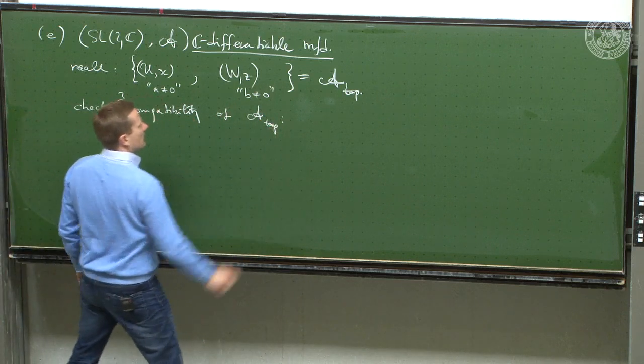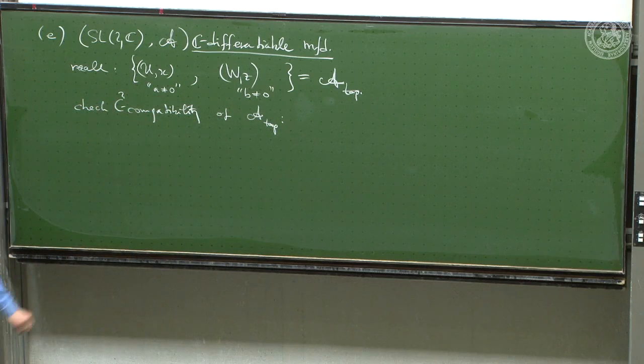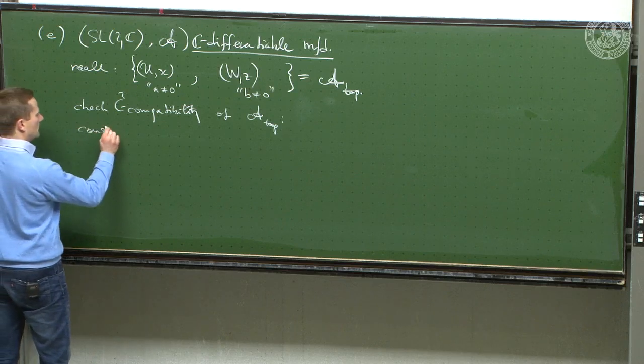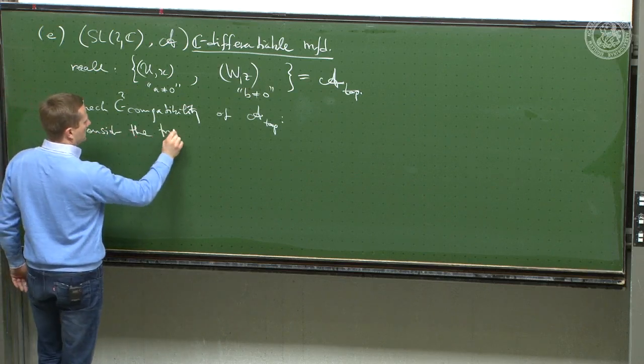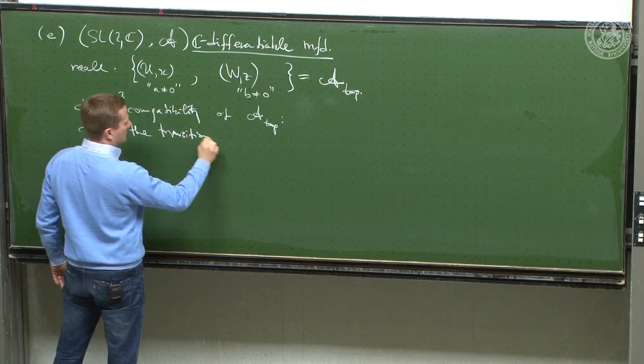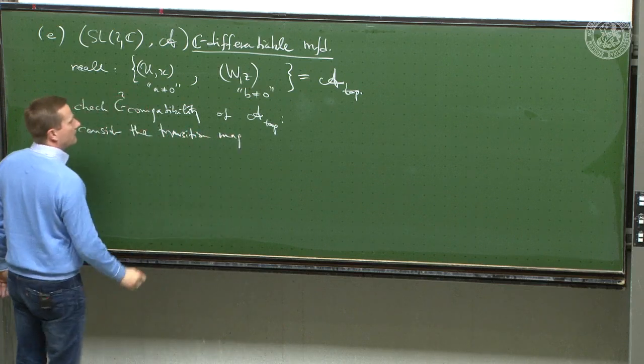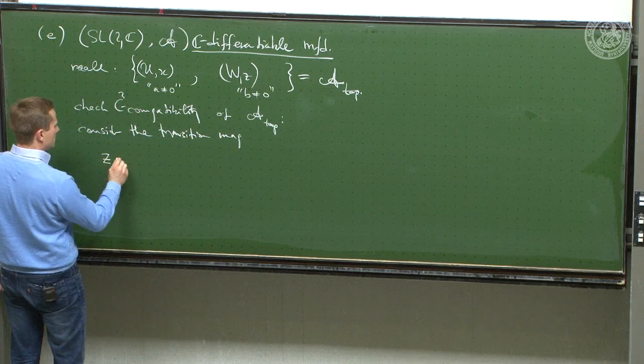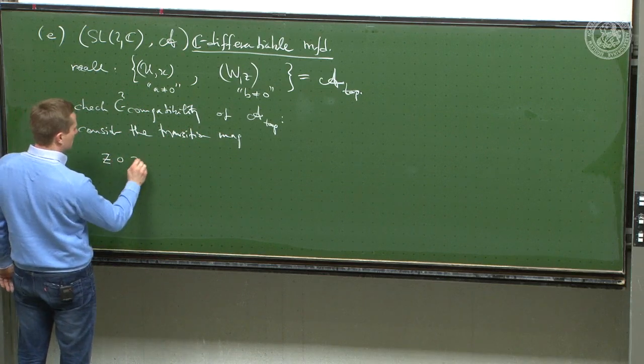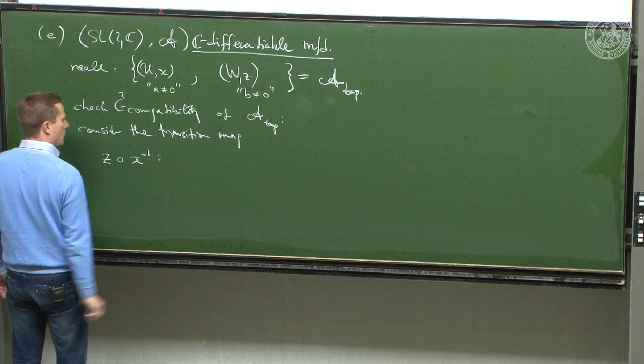So what do we do? We consider a transition map, Z after X inverse. Where does this start?